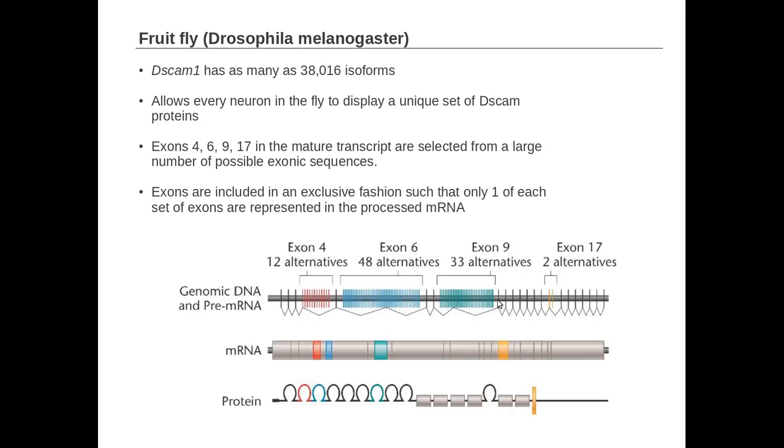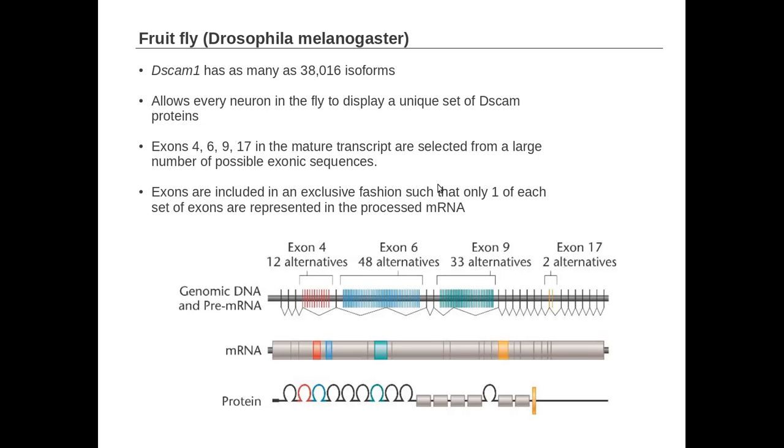Same for 6, 9, and 17, and you can end up with any and all combinations of exons for 4, 6, 9, and 17 in that mature transcript. Okay, so each one of these small vertical bars here is a different potential exon that gets placed, in this case, for exon 4, exon 6, exon 9, and exon 17 in this mature mRNA.